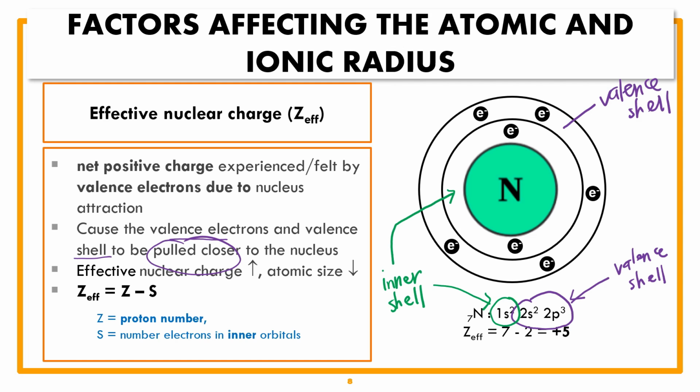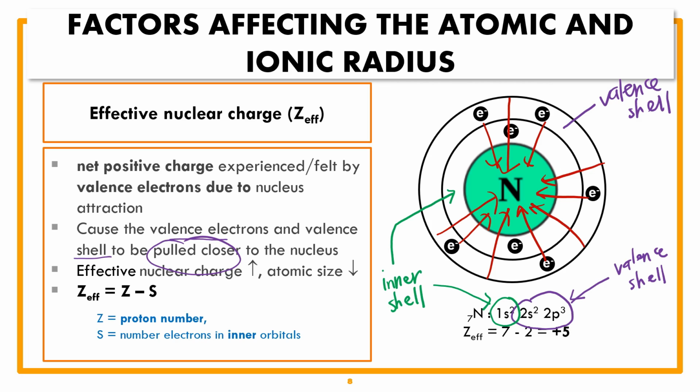So what can ZEV do? ZEV can cause the valence electrons and valence shell to be pulled closer to the nucleus. Maksudnya di sini adalah ZEV ini akan menyebabkan valence shell di luar ini dan juga valence electron tertarik ke dalam, ke arah nukleus. So ini yang akan menyebabkan shrinking of the atomic radius.